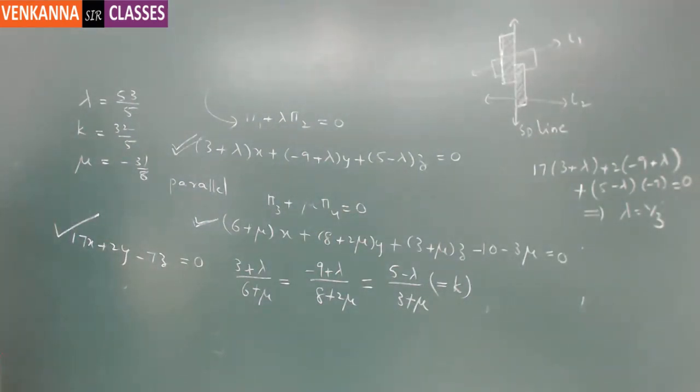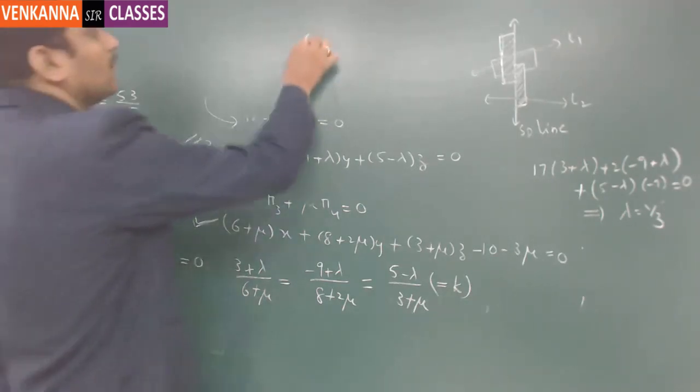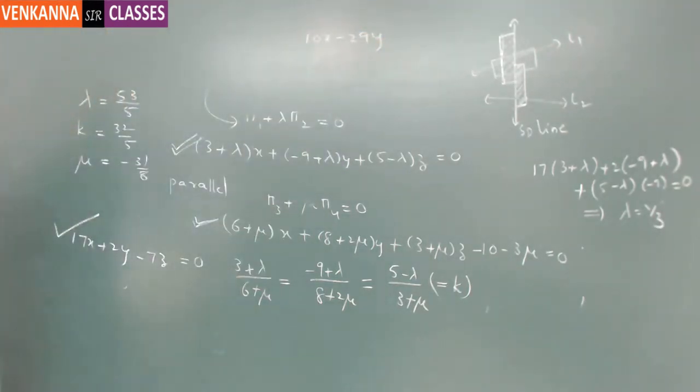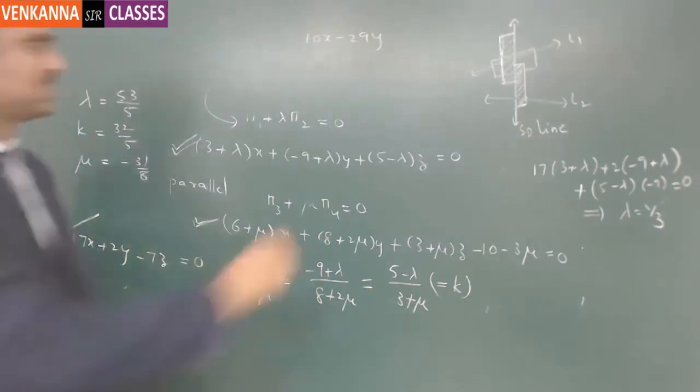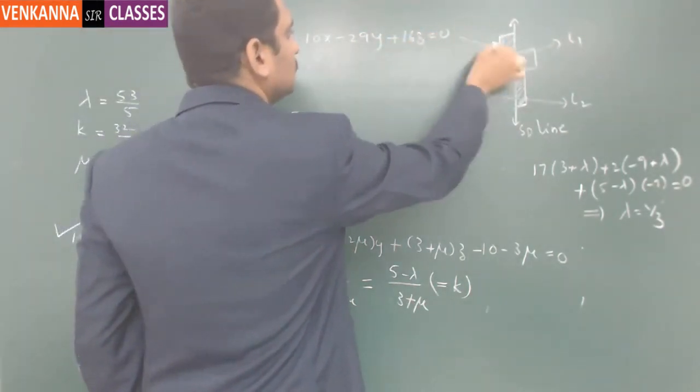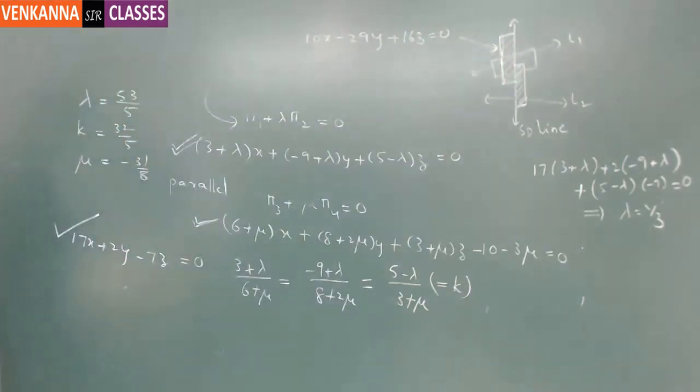And the equation of that plane is 10x minus 29y plus 16z equal to 0. This is the plane.